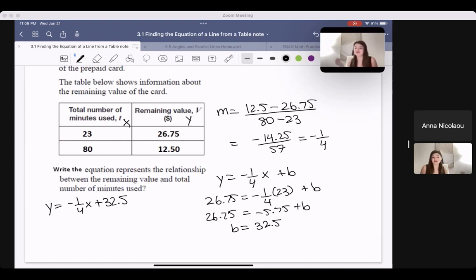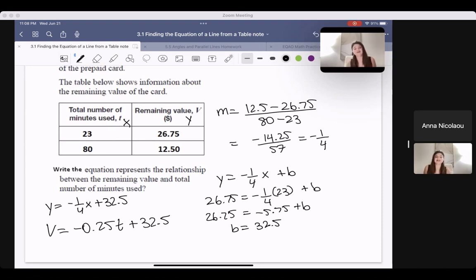So we could even rewrite this if we wanted and say v, the value, is equal to negative 0.25x. So we lose 25 cents for every minute that we talk, right? Plus 32.5 because initially we had 32.5, right? So if we wanted to write this using the variables they've selected, we would write it this way.